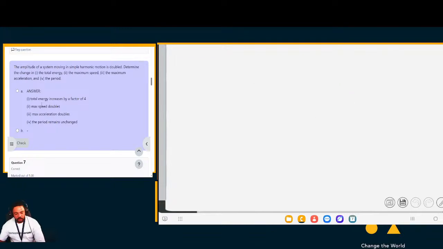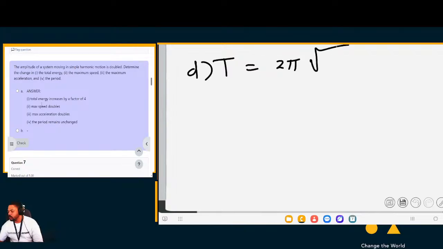Finally, what happens to the period if we double the amplitude? The period is 2 pi times the square root of the mass over k. This is what you've done. A similar one you've done for the pendulum, which is just based on the length and the gravitational acceleration.